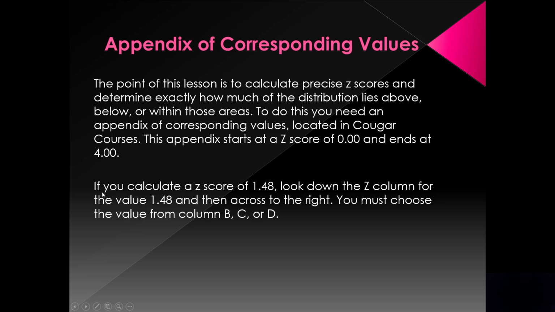So look here on the bottom. If you calculate a z-score of 1.48, you're going to look down the z column for that value and then directly across to the right. And you have to choose whatever corresponding value from column B, C, or D.